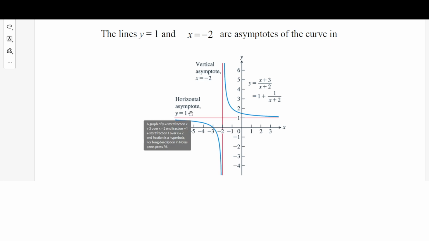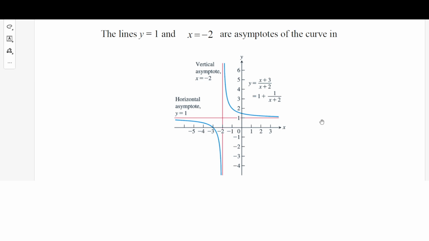For the horizontal asymptote, when x approaches positive infinity, if you go extremely right, the function goes to y equal to 1, and that's why it's a horizontal asymptote. So in that way, we can find the horizontal asymptote and vertical asymptote, and they are very, very useful if you try to draw a graph for that particular function.